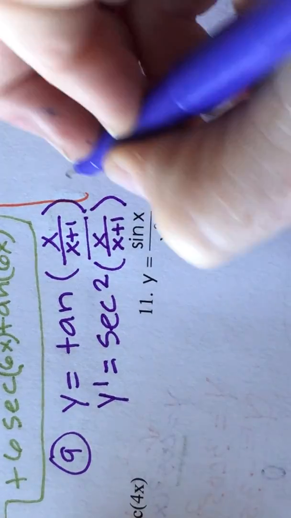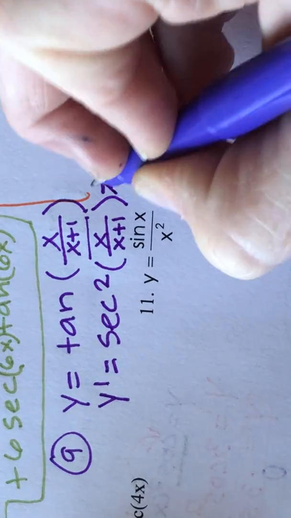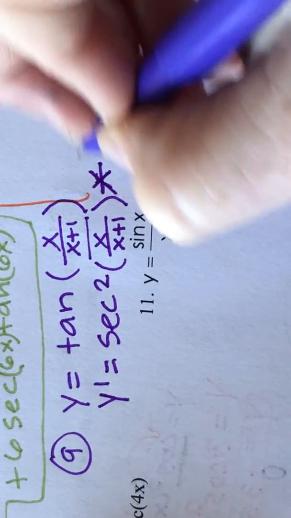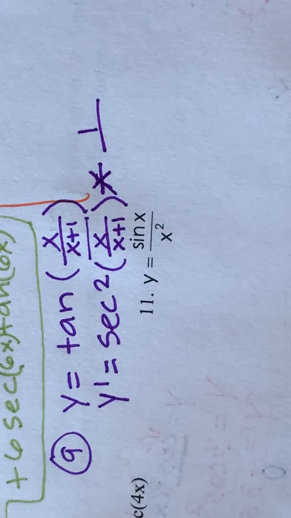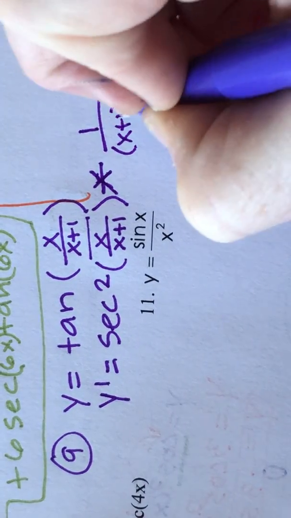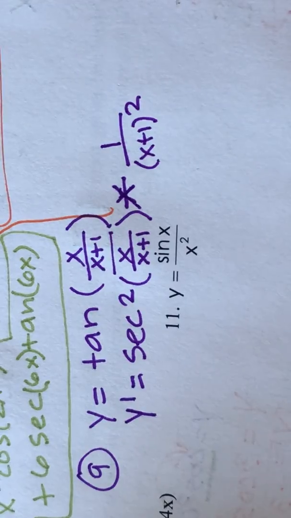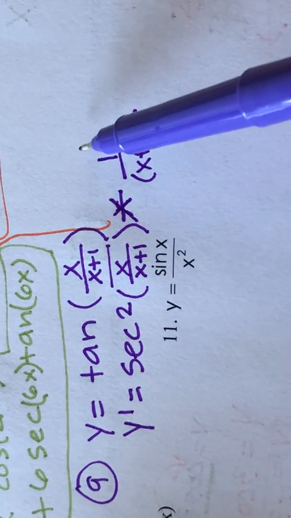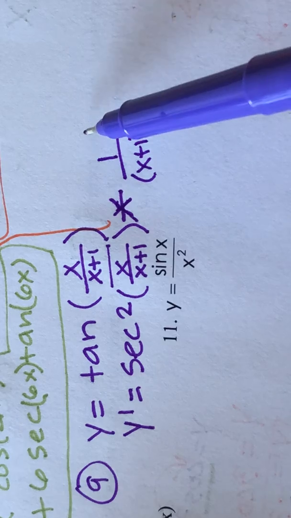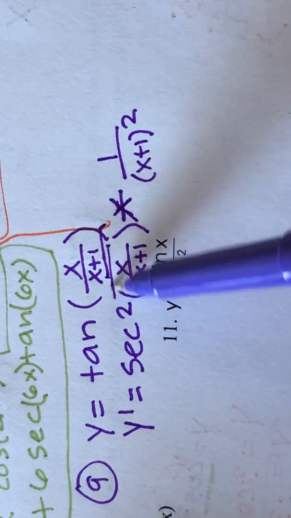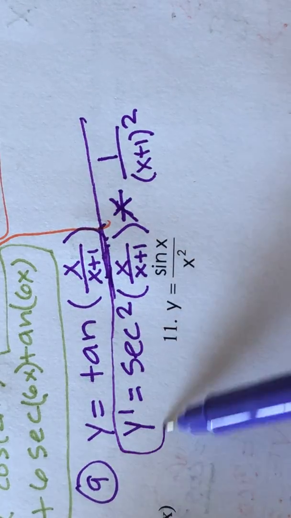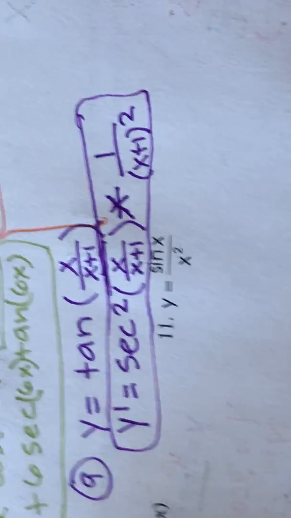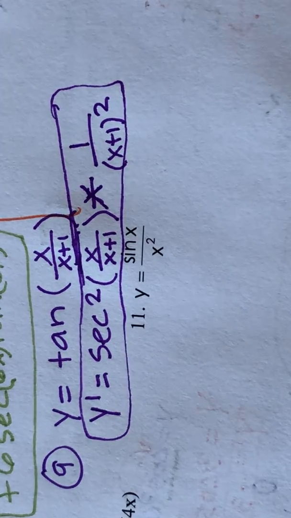But then chain rule, we got to times that by the derivative of the inside, which we found on our own first. And I definitely recommend you do that first. Okay, so I could rewrite that as a fraction if I had room, but for now that's fine.